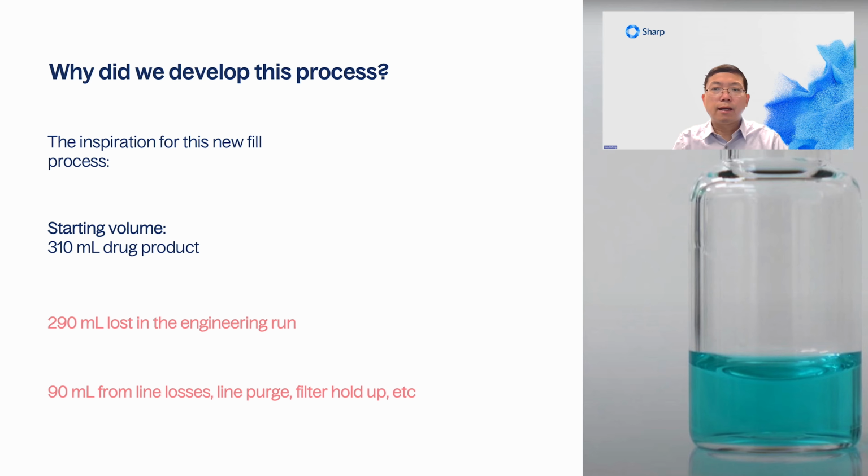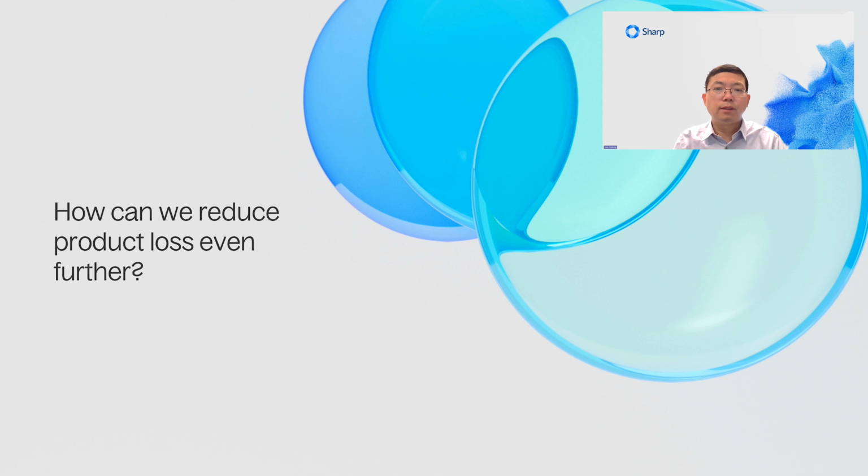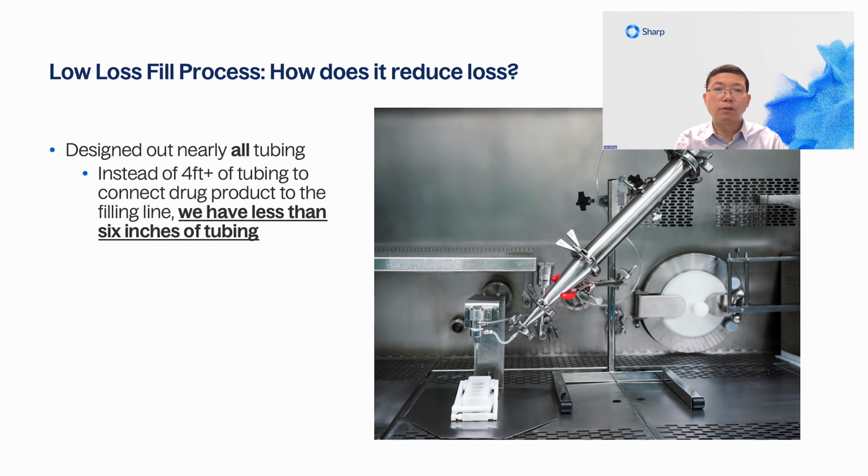So we worked together as a group with the formulation team, filling team, manufacturing, and validation to develop an entirely new process that was focused on reducing drug product loss. We decided to cut out nearly all the tubing we use.